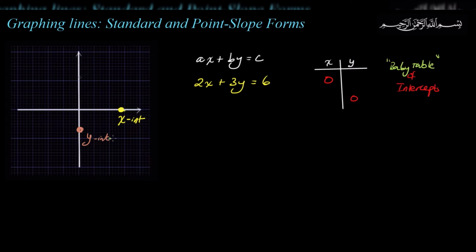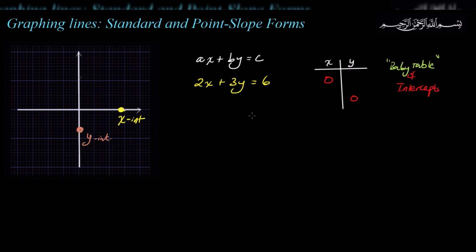Every line that's not parallel to the axis has both intercepts. For example, a horizontal line is parallel to the x-axis, so it's not going to have any x-intercepts. Similarly, a vertical line is parallel to the y-axis, so it's not going to have any y-intercepts. Any other line will have x and y intercepts.